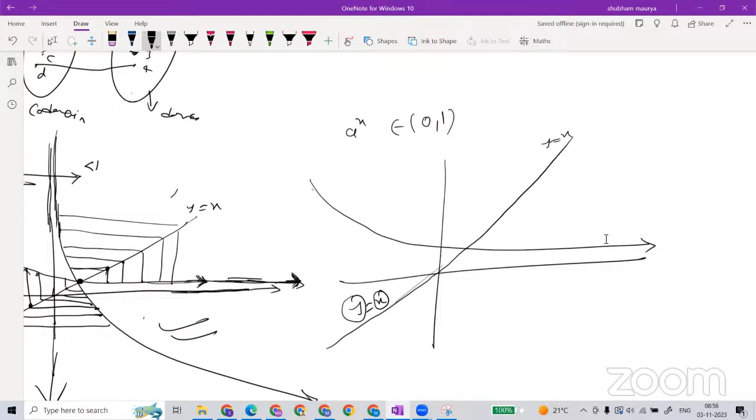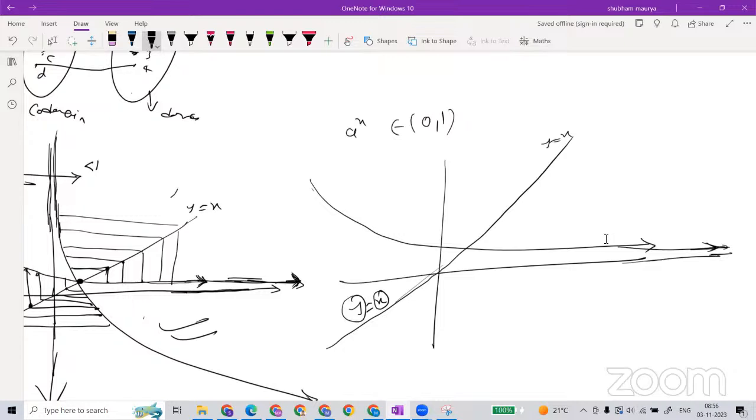And now, thinking about it closely, as x is increasing, the function is coming very close to 0, so the x-axis is going to be the asymptote.